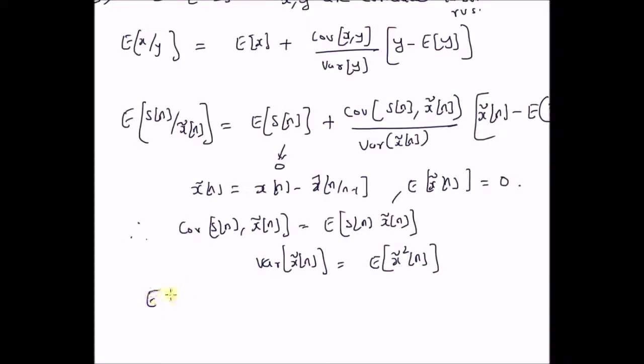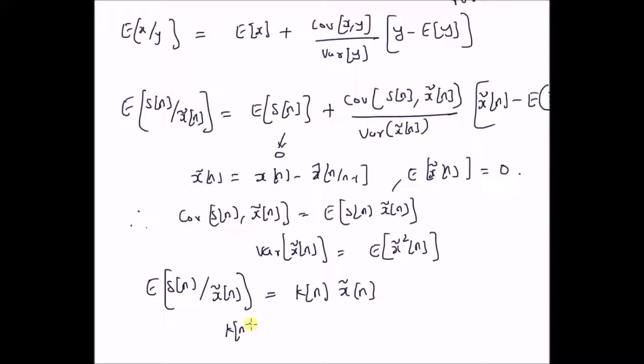Therefore, the expectation of s of n given x tilde of n is equal to the Kalman gain k of n multiplied by the innovation term x tilde of n, where k of n, the Kalman gain, is equal to the expectation of s of n multiplied by x tilde of n. There is correlation between the signal component s of n and the innovation term x tilde of n, and the variance in the innovation term.